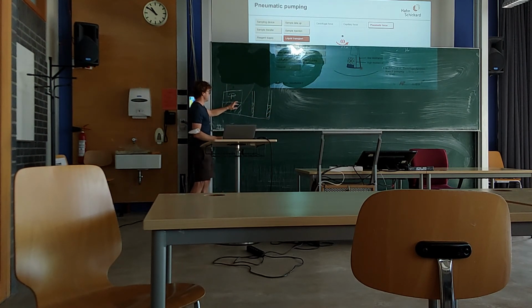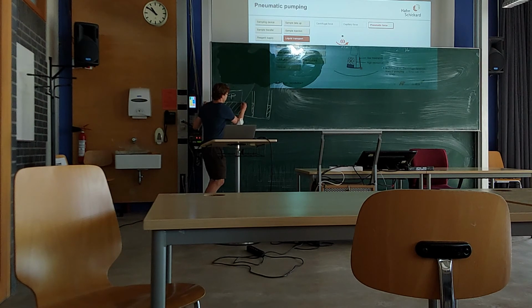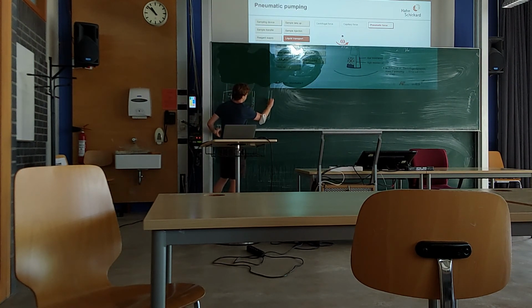If it would be at the same position here, there would be no pressure difference between the fill levels here. And obviously the pressure here and here is atmospheric pressure, because we don't have any pressure buildup in these chambers. And in this case, the pressure from the gas would push your liquid in this direction.